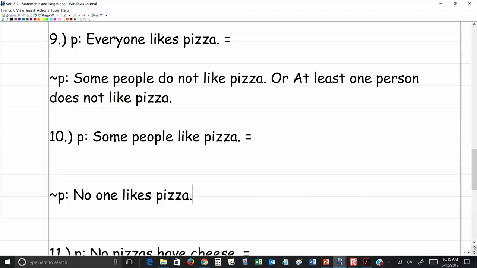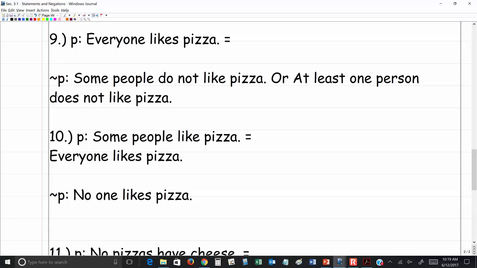Oh, okay, I see what you're saying for this. So, no, that still would not work, because if you use the statement everyone likes pizza, it is possible for both of these two statements to both be true. So that wouldn't work either.